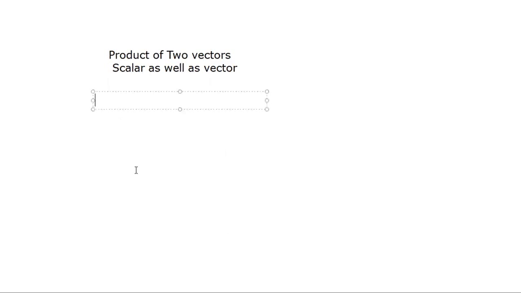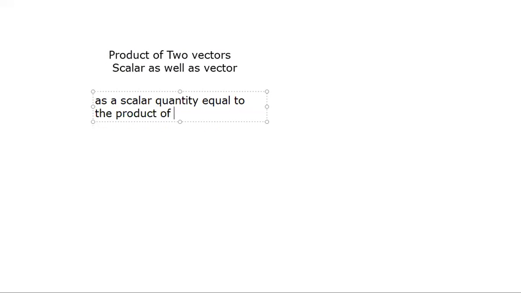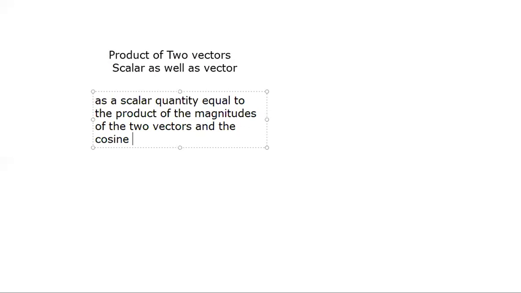Scalar product of two vectors is defined as a scalar quantity, right, equal to the product of the magnitudes of the two vectors and the cosine of the angle between them. Right?